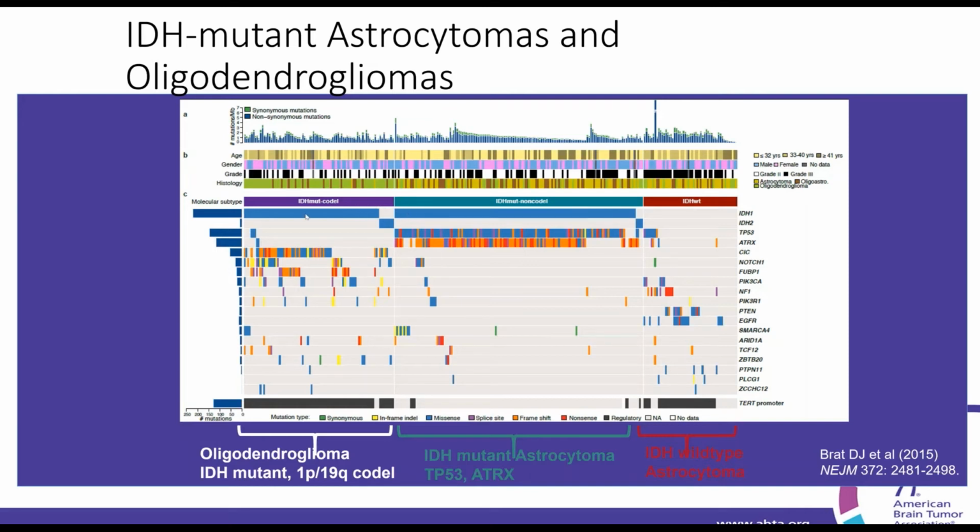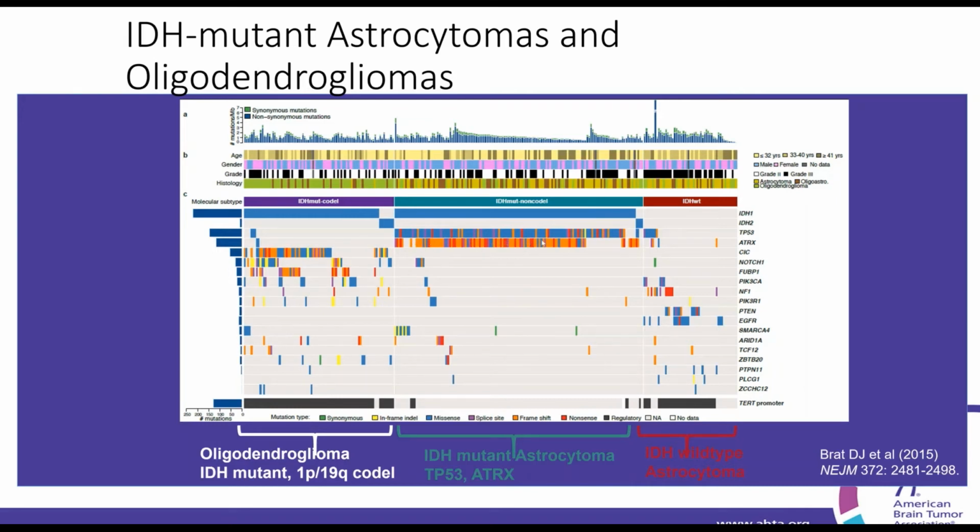And the take-home message was that it was much more predictable and much more reproducible to define these tumors based on the presence of IDH mutations and 1p19q codeletions than it was based on morphology under the microscope. So we now define oligodendrogliomas as being IDH mutant and 1p19q codeleted. They also have an abundance of these other mutations that are listed over here on the right.